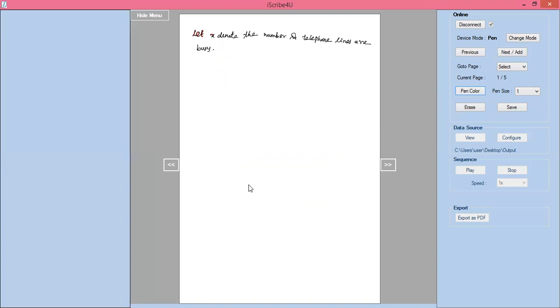Now here P equal to 0.1, since the probability of a line being busy is 0.1, and Q equal to 1 minus P, which is 1 minus 0.1, so Q equals 0.9. Here n equal to 10.